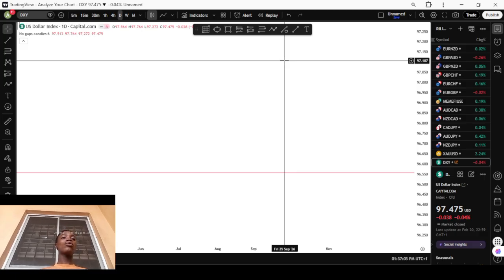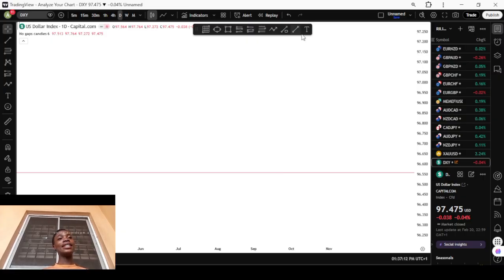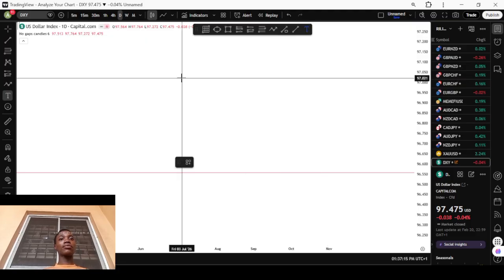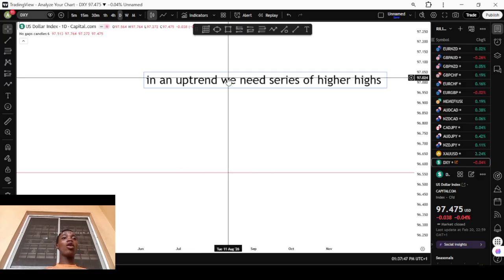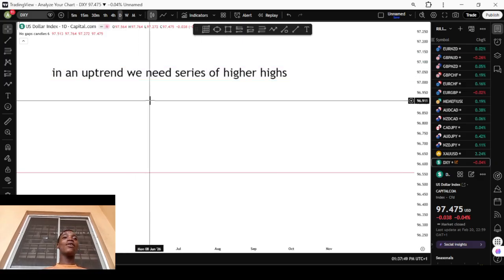So how can you identify an uptrend and how can you identify a downtrend? Let's start with the uptrend. In an uptrend, we want the market to keep creating a series of higher highs. Let me write. So in an uptrend, we need a series of higher highs.